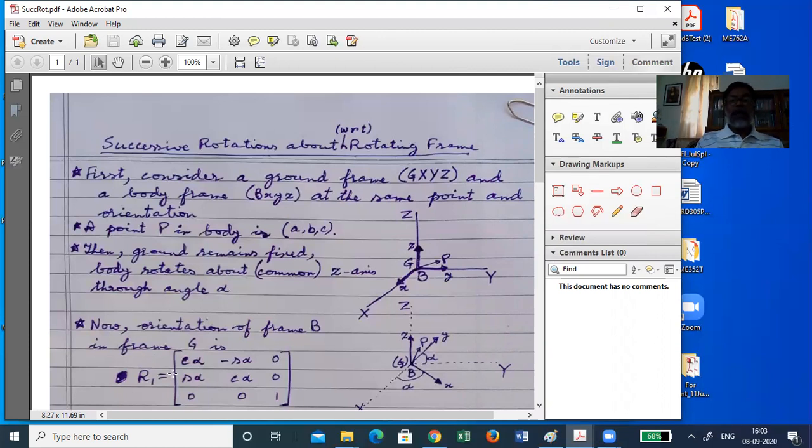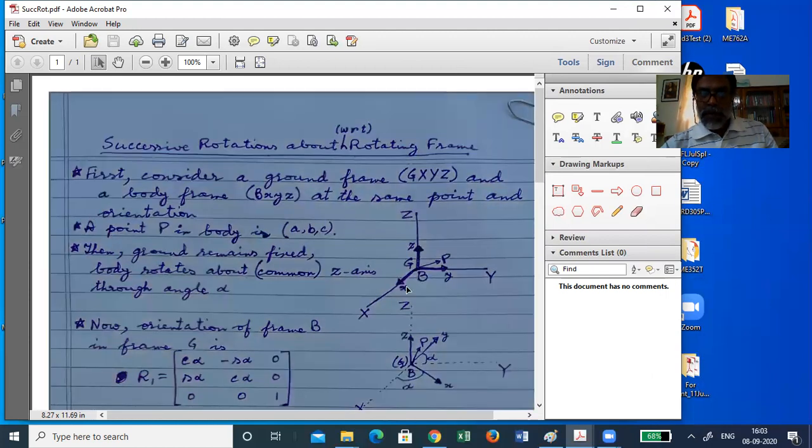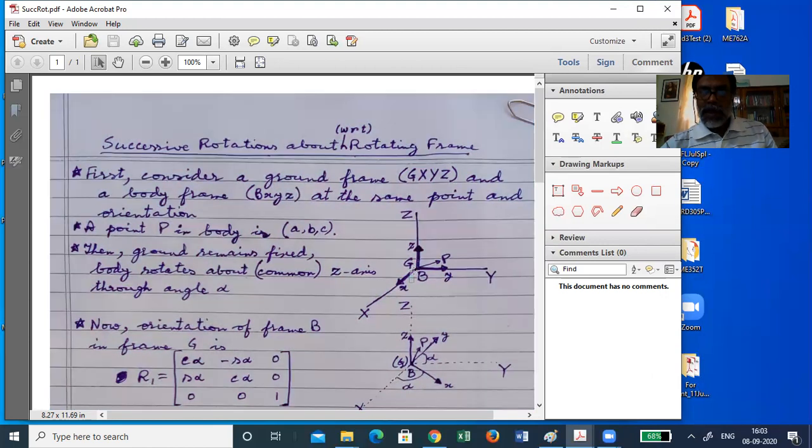Now, after this rotation through an angle alpha, the orientation of the frame B, as described in frame G, will become this, because this unit vector turns like this, towards this side.